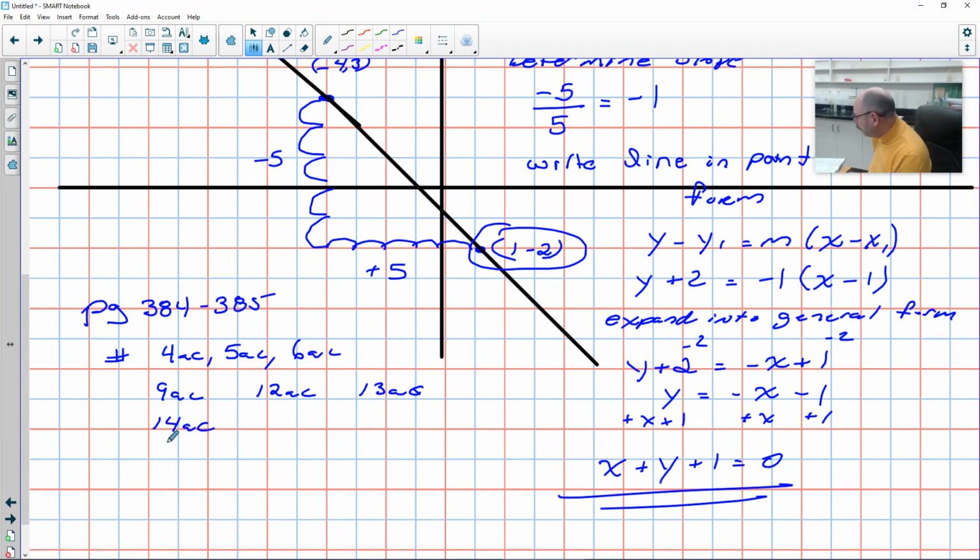I'm just going to do the first couple. Okay, and 18 A and C is converting. Okay. I'm skipping the word columns for now. Okay, and you can do, let's try 22.